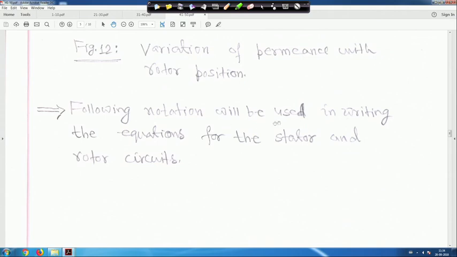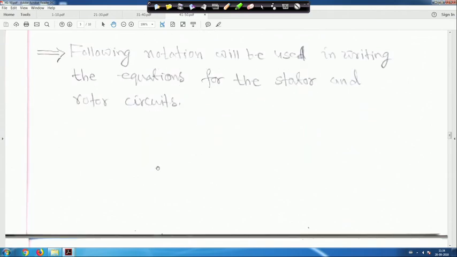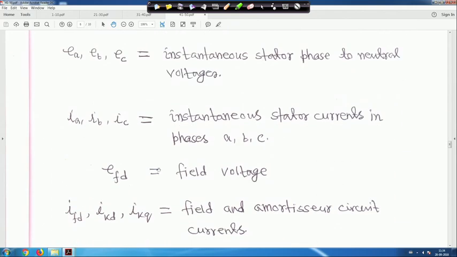And the following notations will be used in writing the equations for the stator and rotor circuit. So notation means this is the nomenclature. Again and again I will not come back, but EA, EB, EC are the instantaneous stator phase to neutral voltages.